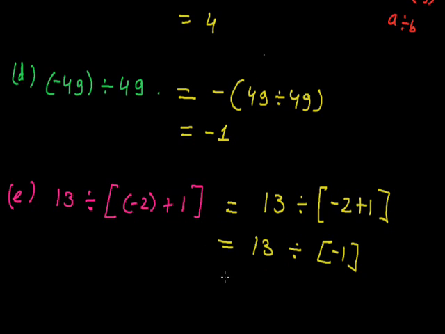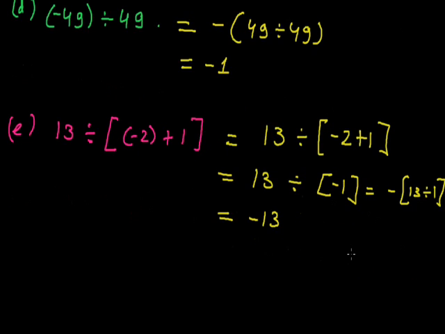So 13 divided by minus 1 will give you minus 13, as if I had divided 13 by 1. We have divided the numerical value, and since 1 had a negative sign, 13 will also have the negative sign.